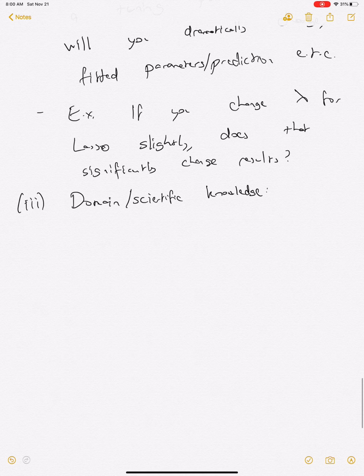It's something that isn't directly in the data. It's asking: is there an external source or information that supports the conclusion?